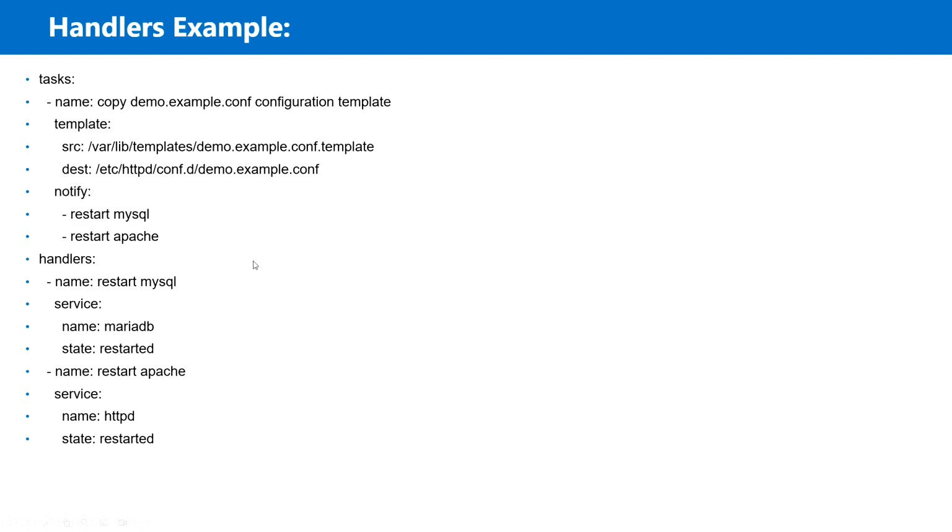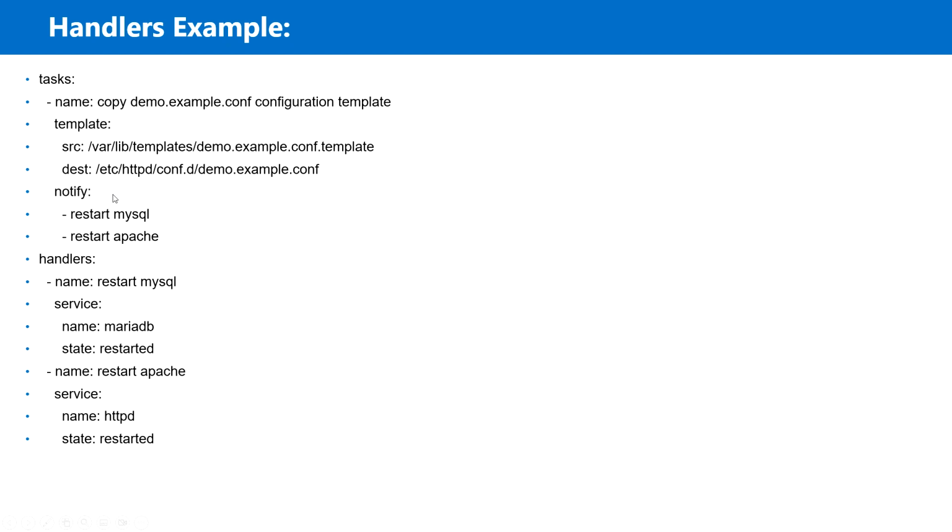Here in this handlers example, we use a task where we copy the demo.example.conf configuration template, and here we use the notify section with the names restart MySQL and restart Apache.